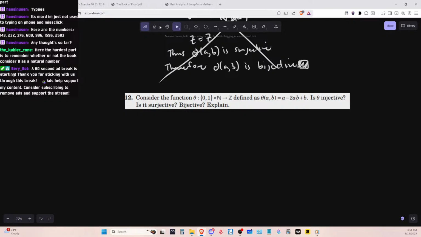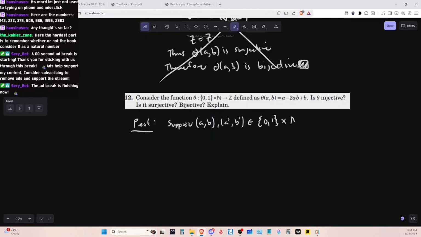So, proof. Suppose (a, b) and (a prime, b prime) are elements such that theta of (a, b) equals theta of (a prime, b prime). Okay.